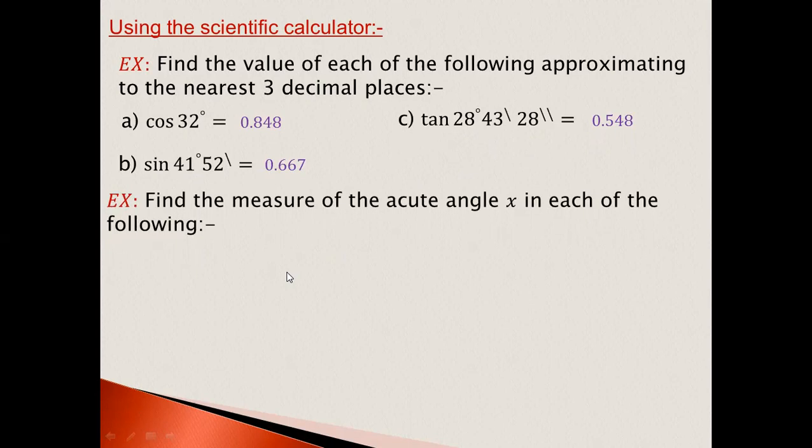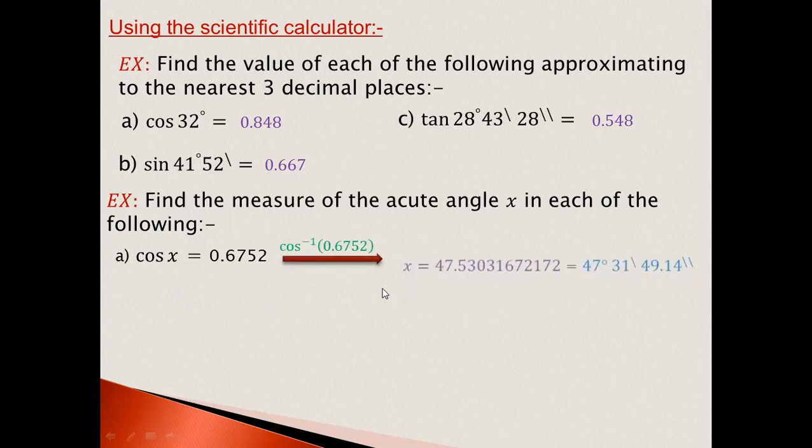Example, find the measure of the acute angle x in each of the following. Cosine x equals 0.6752. We need to find the measure of the acute angle x. What should I do? All you have to do is press shift in the calculator and then write 0.6752, and then the result is going to be x equals this value.